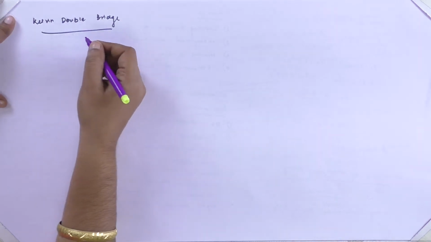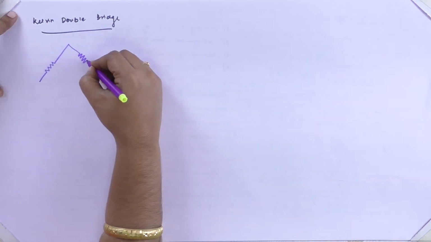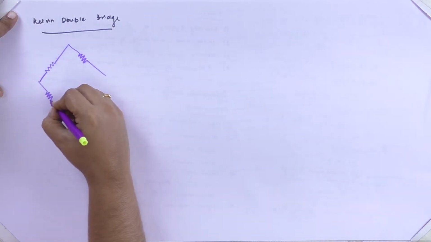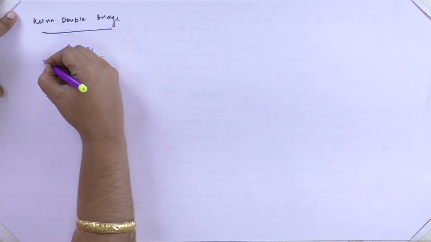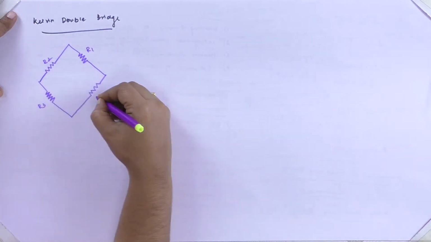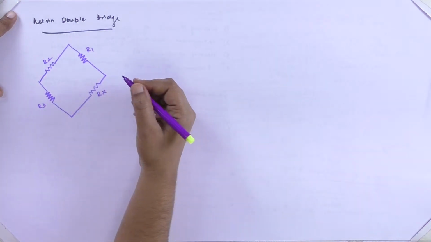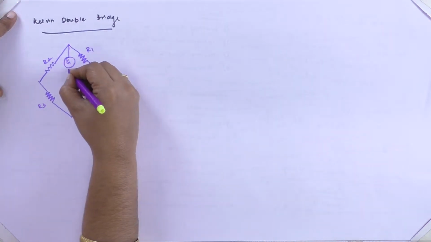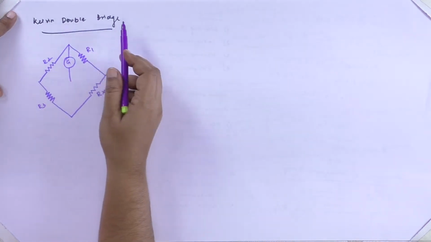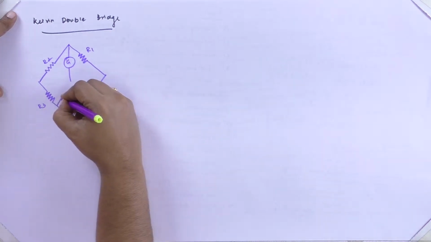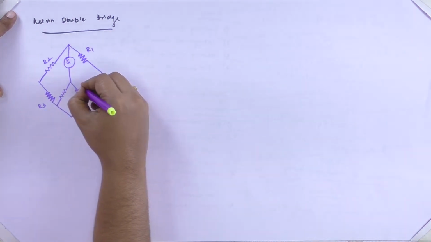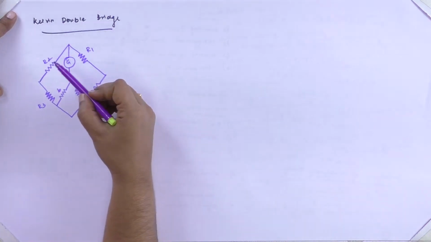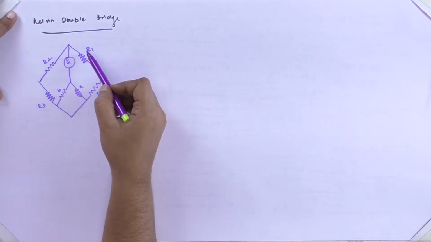This Kelvin double bridge has 4 resistive arms similar to the Wheatstone bridge: R1, R2, R3 and Rx. The only difference is that the Kelvin double bridge has another set of ratio arms, A and B. In the Wheatstone bridge we have only one ratio arm pair, R1 and R2.